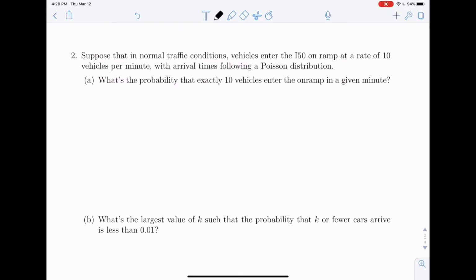So the way to approach this, you first have to define a random variable. So we say let x be the number of cars entering the on-ramp in 1 minute.